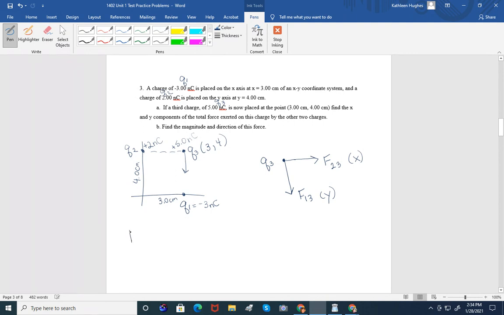We'll start with the X component. The force in the X direction is going to just be this force 2 on 3. What's going on between these two charges? That is, of course, K, Q2, which is 2 nanocoulombs, and charge 3 is 5 nanocoulombs.